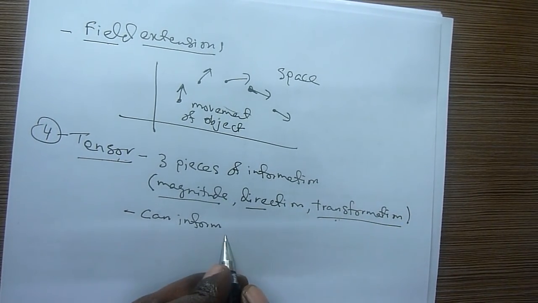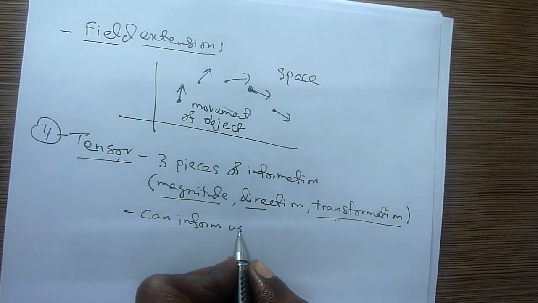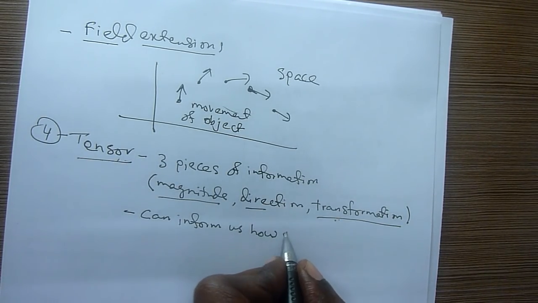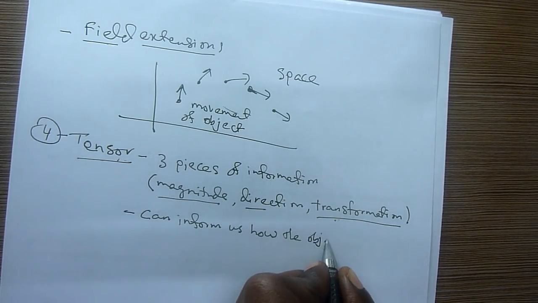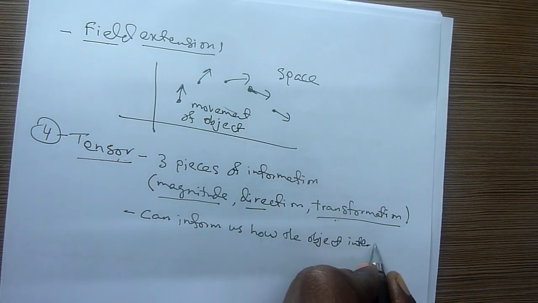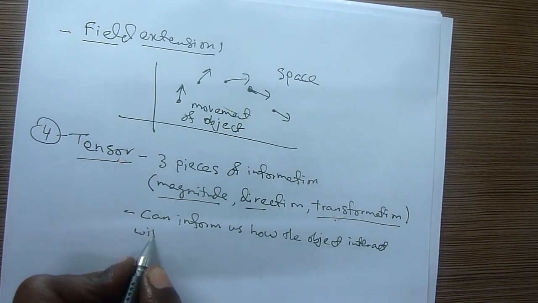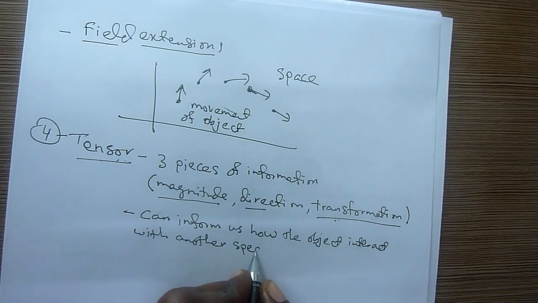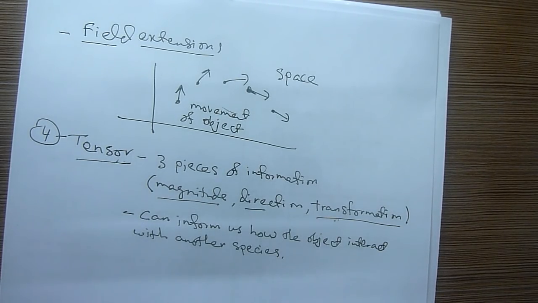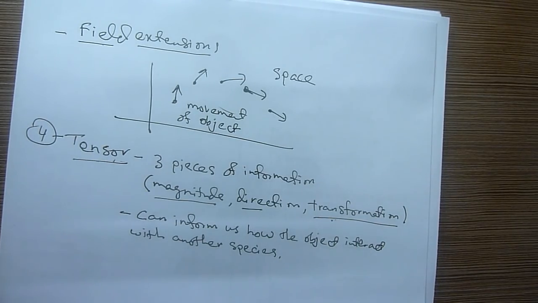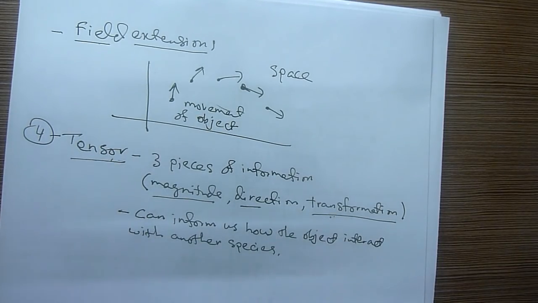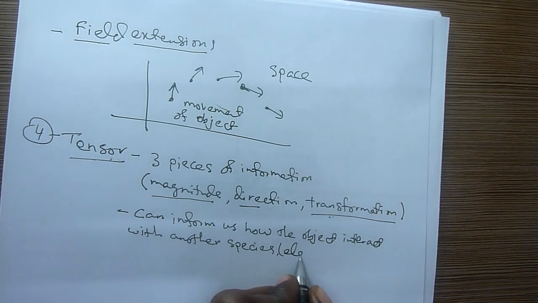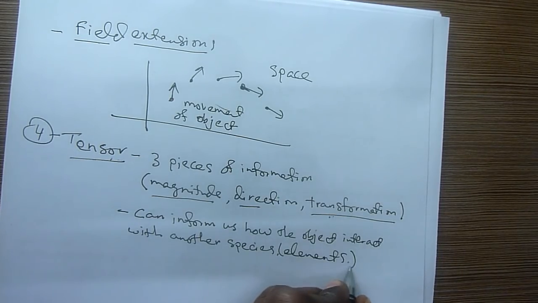Therefore it can inform us how the object interacts with another, I may call it a species. So tensor gives us one more piece of information: how the objects are interacting with other species or other elements.